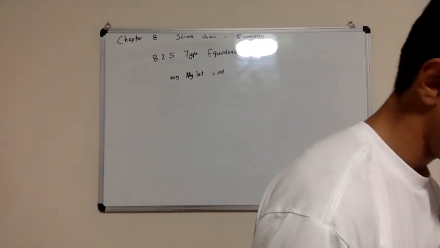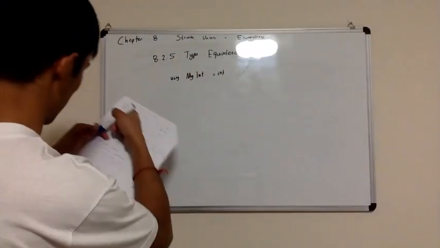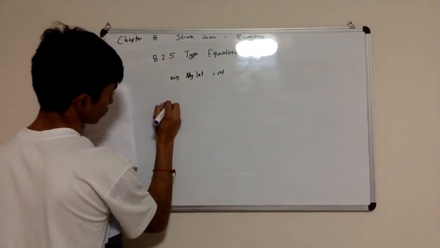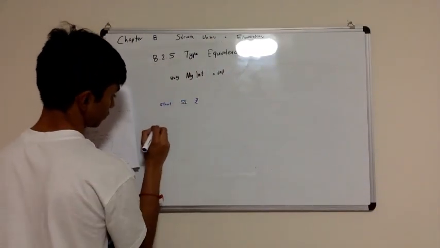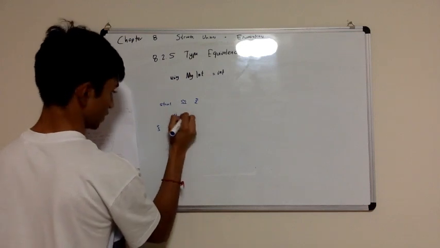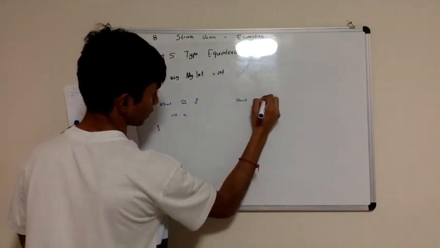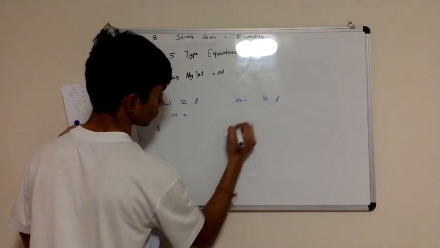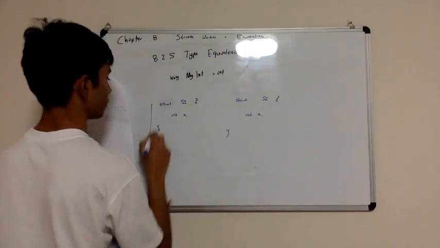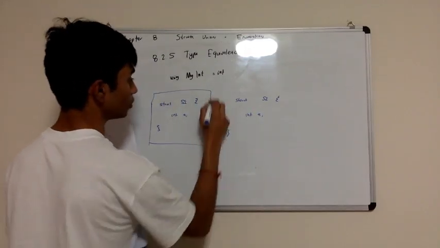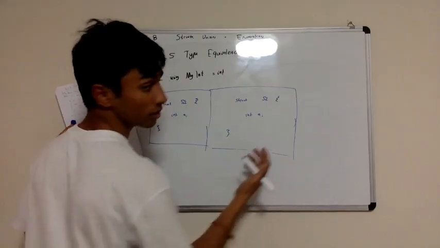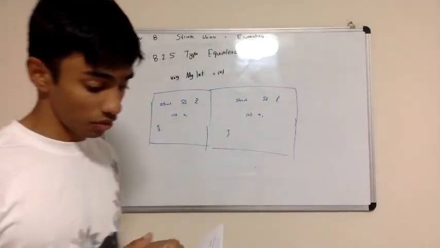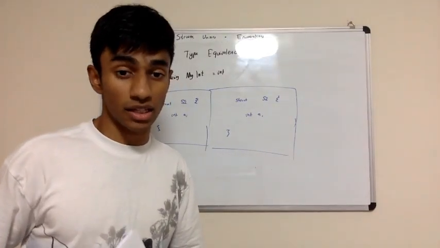Suppose I have 2 structs, S1 and S2, so struct S1 has int A, and my struct S2 also has int A. You would be forgiven if you thought that they were equivalent, or somehow the same thing. They both are a struct, they both have 1 field, and that 1 field is of type integer.